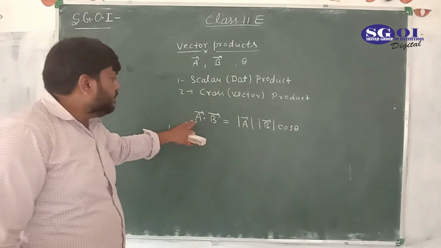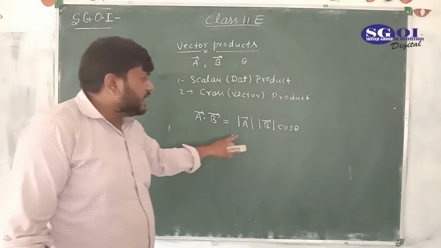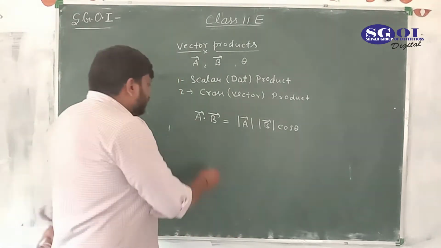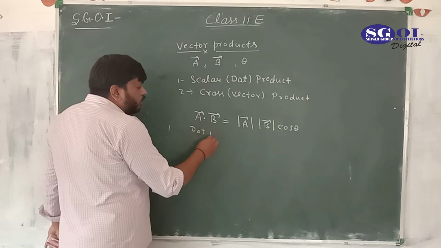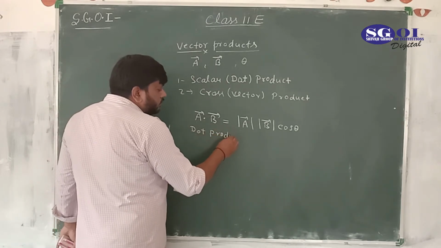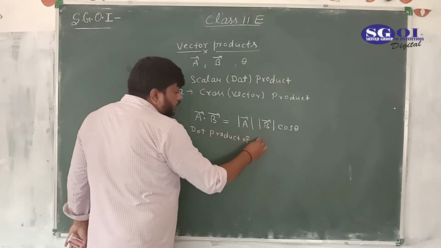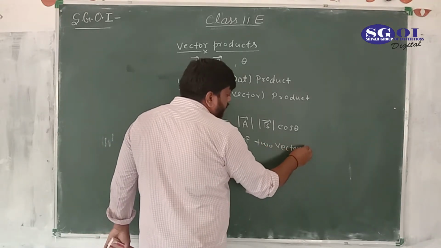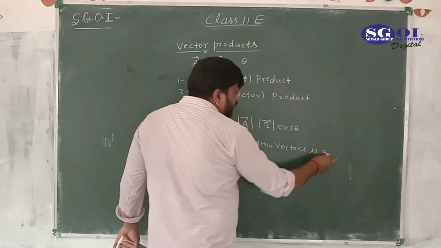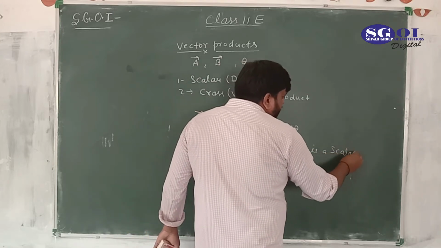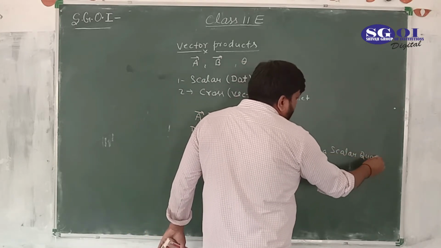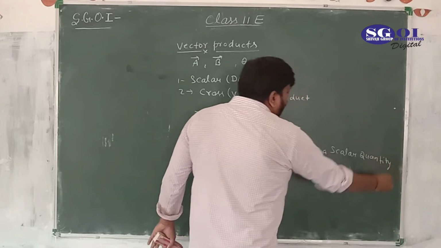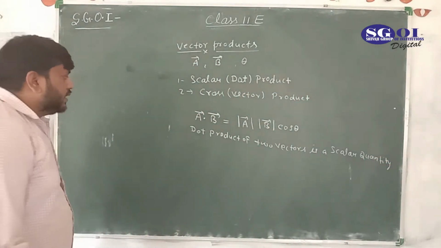That's why we can say that the dot product of two vectors is a scalar quantity.